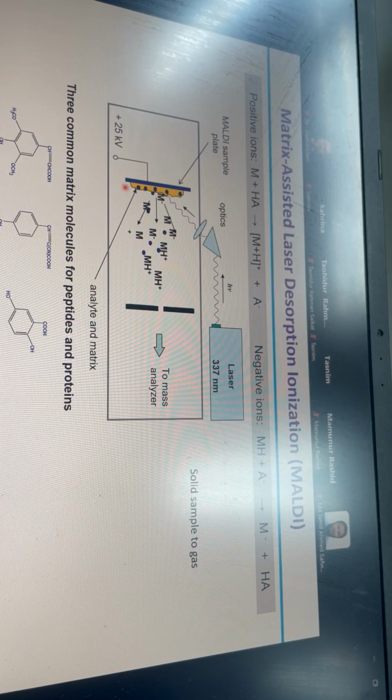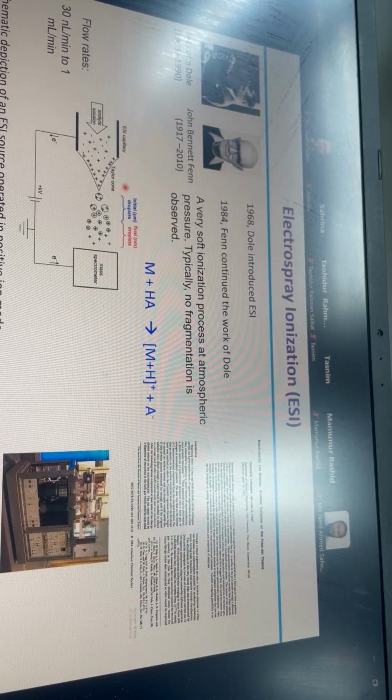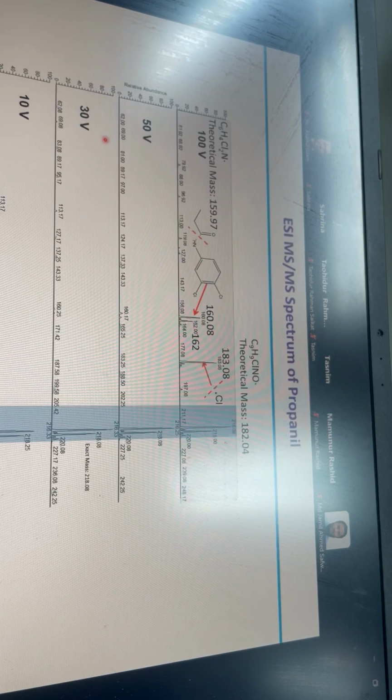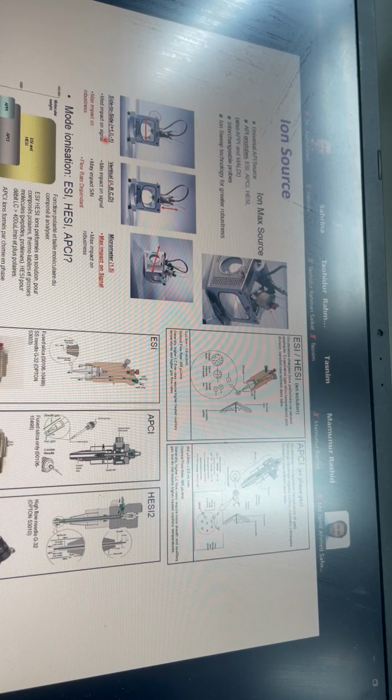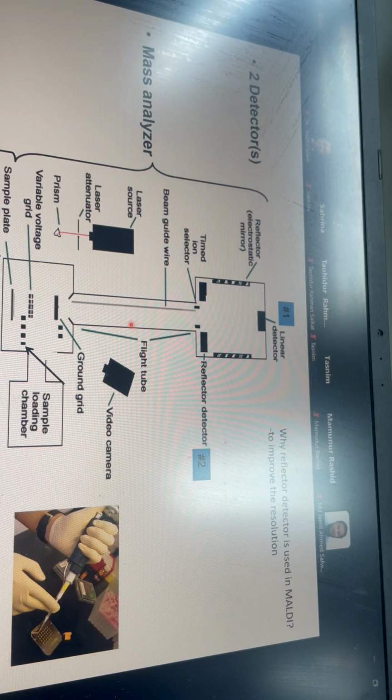In ESI, maybe I forgot to mention, we need to apply 3 to 6 kilovolts, but in MALDI we need to apply 20 to 25 kilovolts, which means 25,000 volts of energy, because you are ionizing from solid to gas.